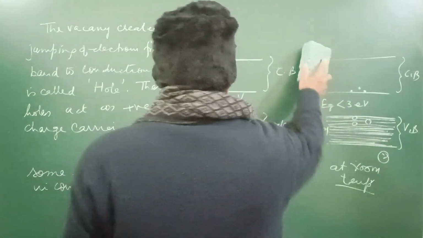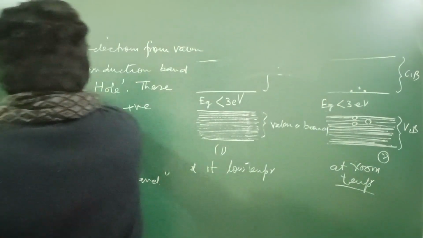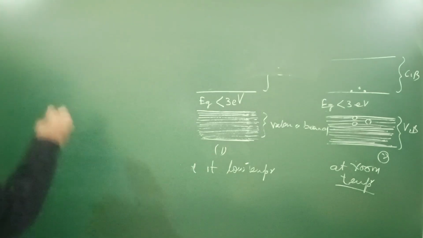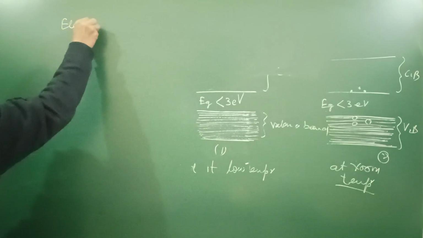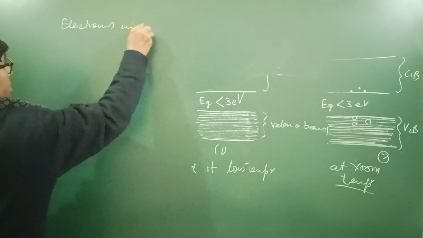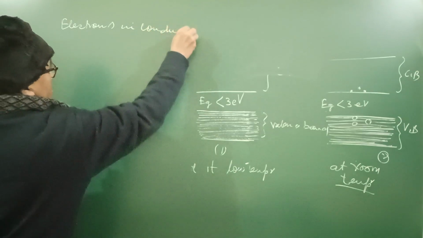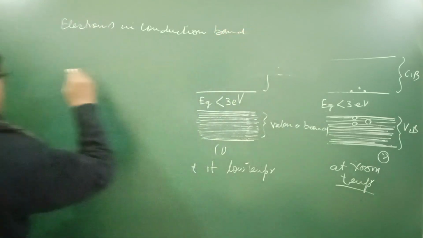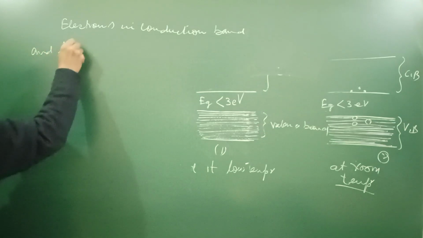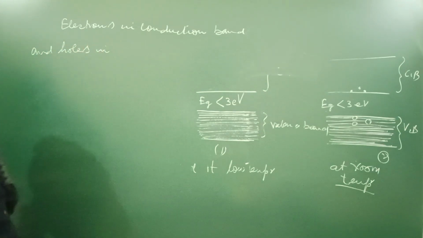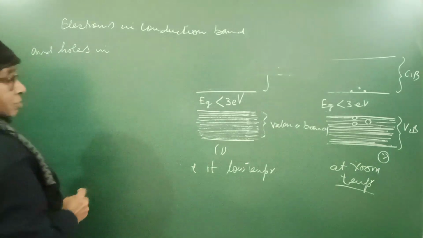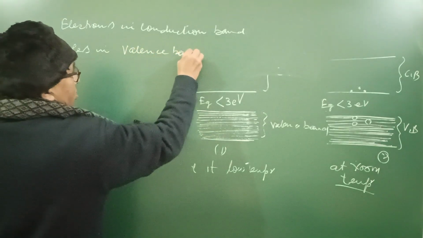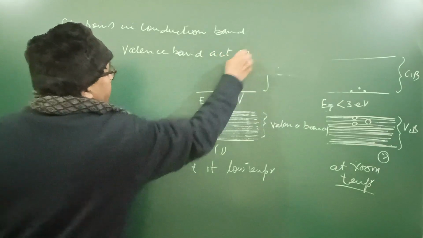Here in a semiconductor, electrons in the conduction band and holes in the valence band both act as charge carriers.